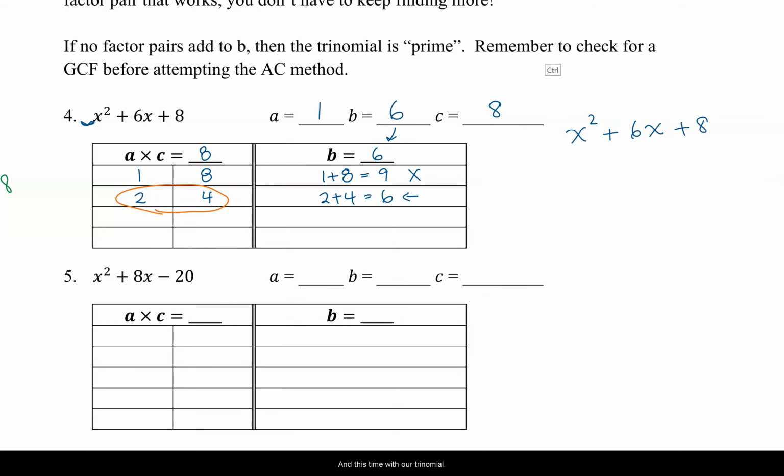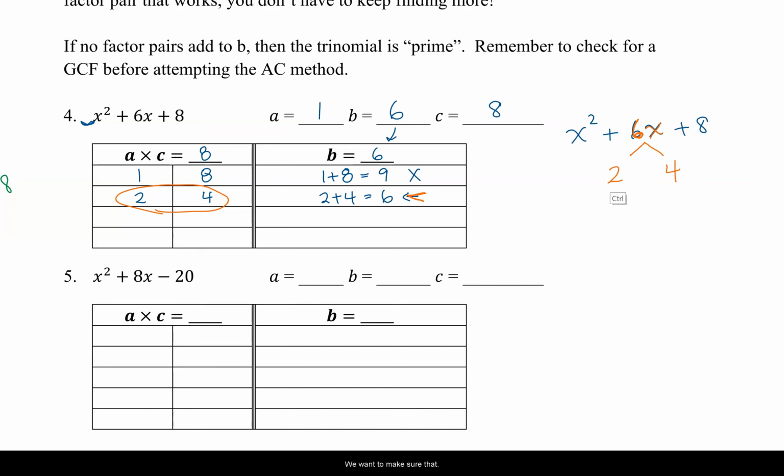And this time, we're going to take the 6x and rewrite it in terms of our factor pairs. 2 times 4 multiplied to be 8 and added to be 6, so we're taking from that number pair.